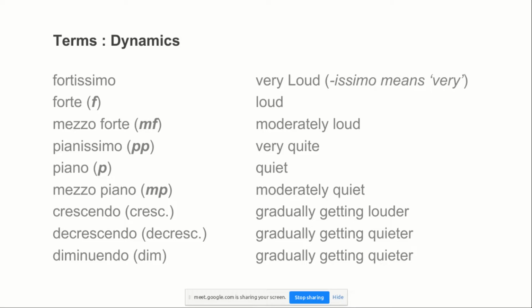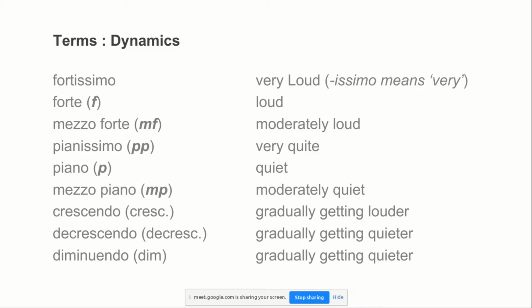So if you want to express that a song should get from quiet to loud or vice versa, or maybe to be performed quietly or maybe loudly, the reasons may vary. Maybe loudly because it's a praise song, or it's a patriotic song, and maybe softly or quietly because it's a mourning song, or maybe a lullaby.